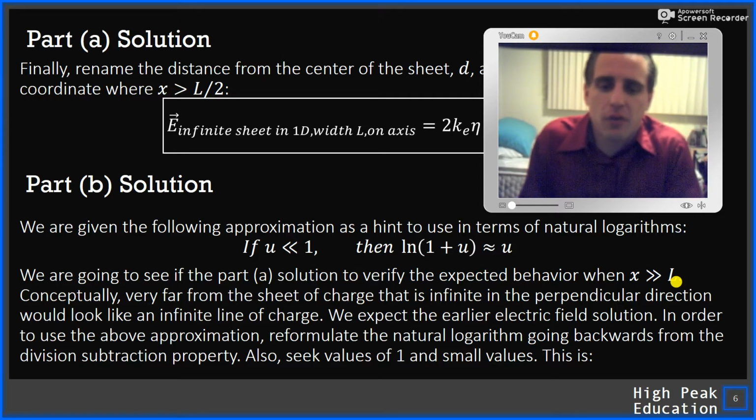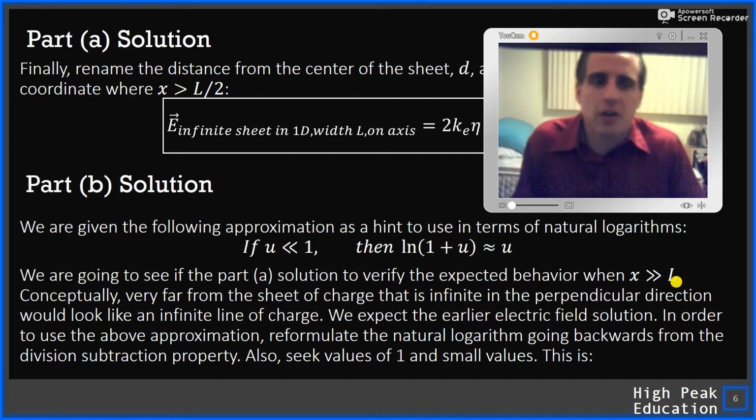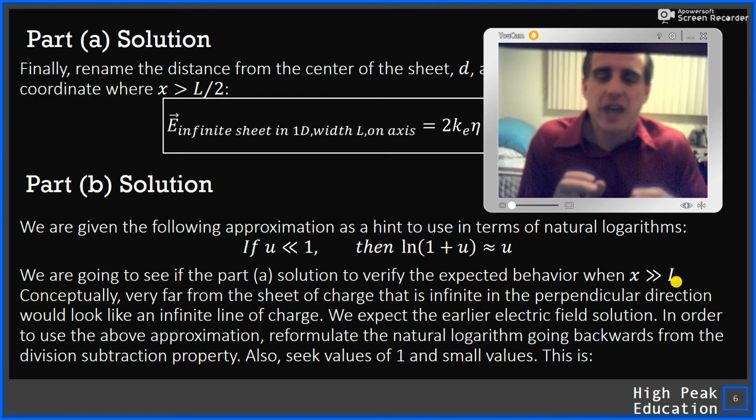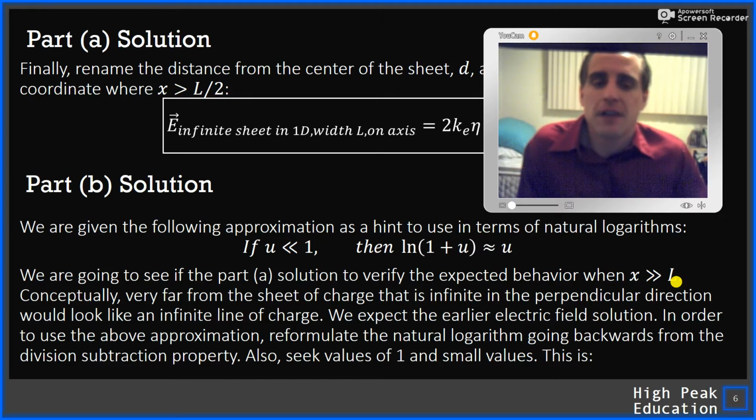If we move far away from that sheet, we're basically saying that the width is no longer substantial, and the sheet is more like just a line of charge. So we expect that the expression we found before for the electric field coming from an infinite line of charge is what we should approach if x gets much, much larger than L.